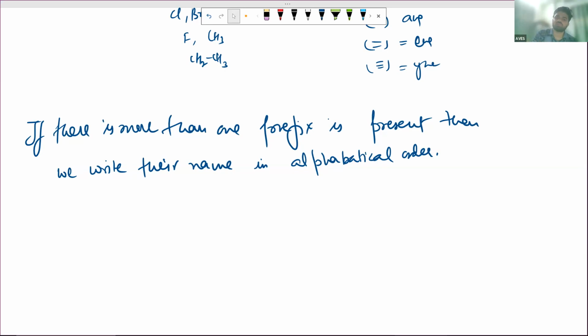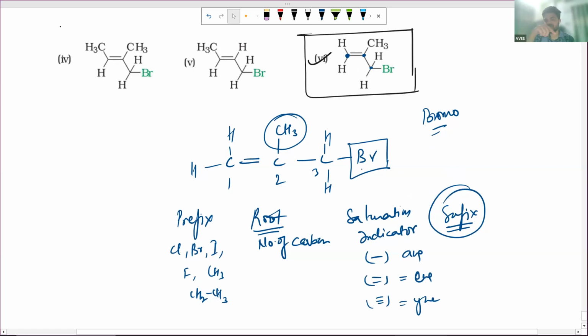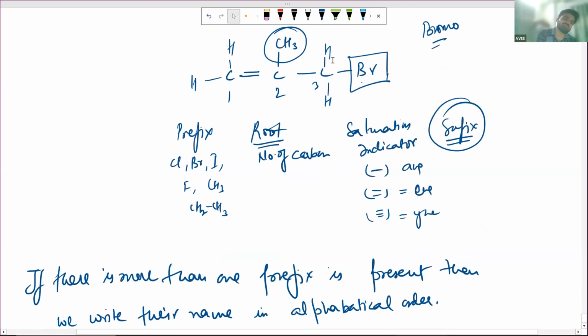Got it? So we have bromo and methyl. Bromo comes first, whatever its position is, whether it is 3. We'll write the bromo name first. So that will be 3-bromo, and then 2-methyl. The prefix is done.